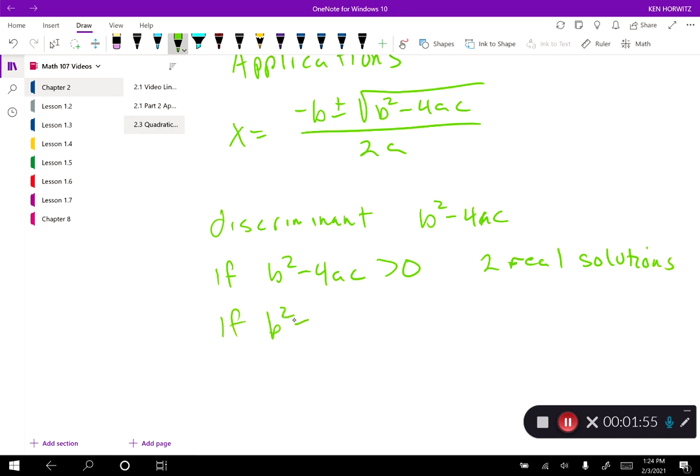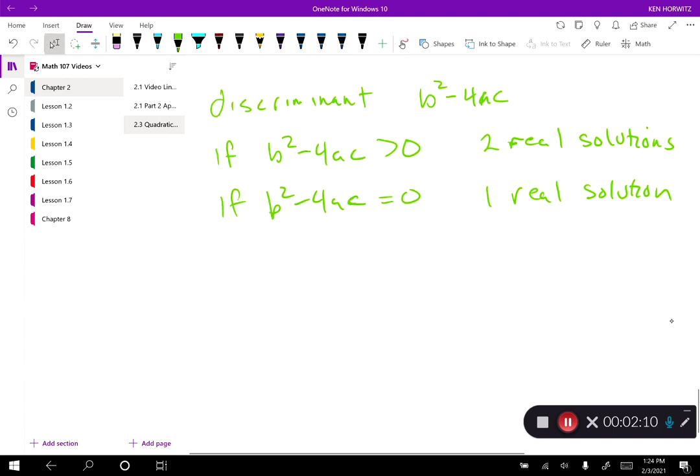If b squared minus 4ac is equal to 0, you have one real solution. And if b squared minus 4ac, sorry, that should be a c, is less than 0, you have no real solutions.